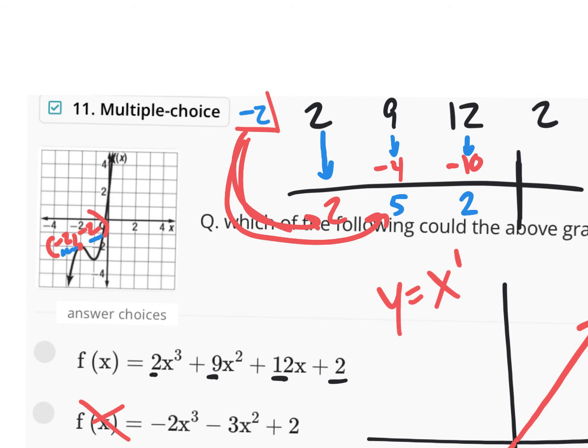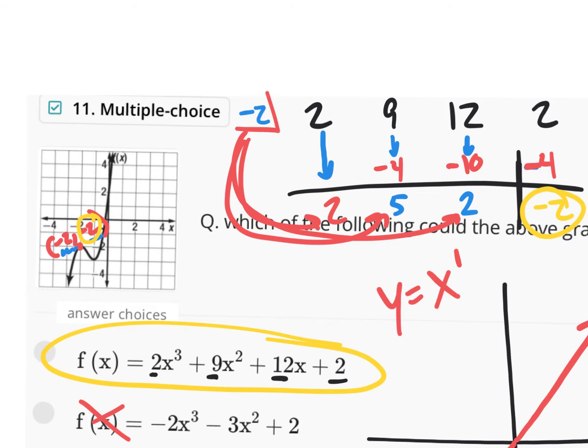And -2 times 2 is, I'm sorry, -4, right? -4. Because -2 times 2 is -4, and then 2 plus -4 is -2. And as you can see, this output -2 is this output -2. So we verified that this is the correct answer.